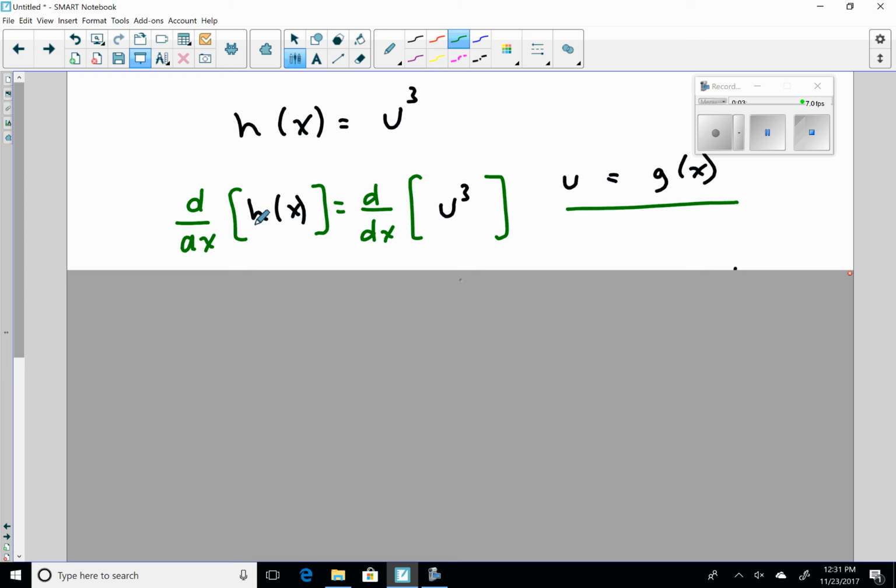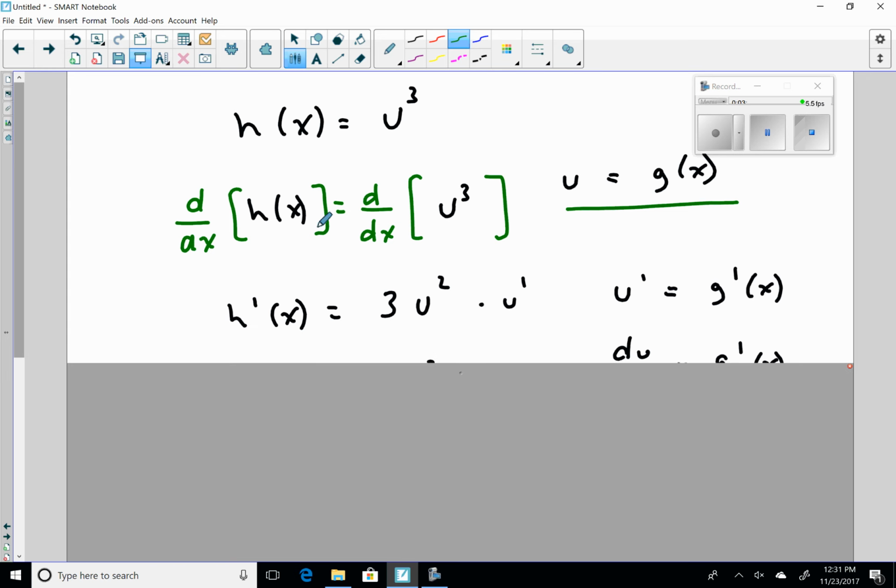So I'm differentiating h of x with respect to x, d dx of h of x, and I'm differentiating u cubed with respect to x, d dx of u cubed. Just like before, this derivative, h prime, is going to be the derivative of the outside.